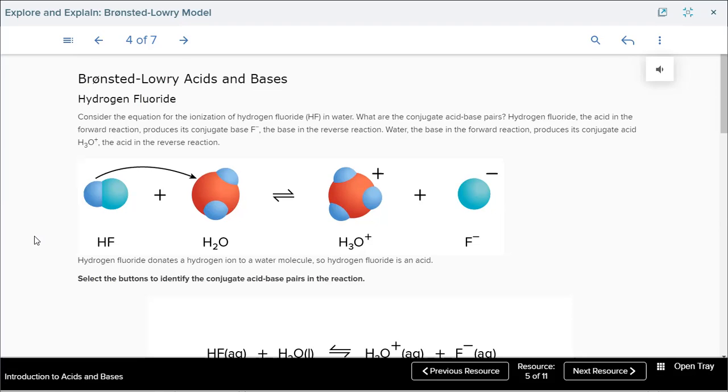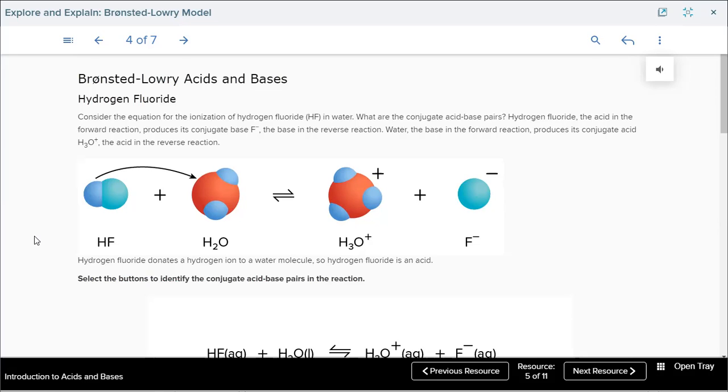It will produce H, as it will be the donor of the hydrogen ion, not F. You mean that HF will change into F minus? Yes, right.